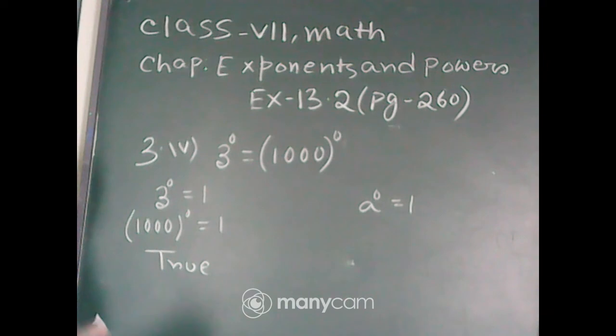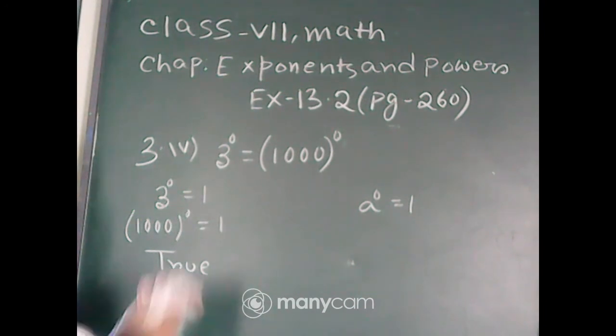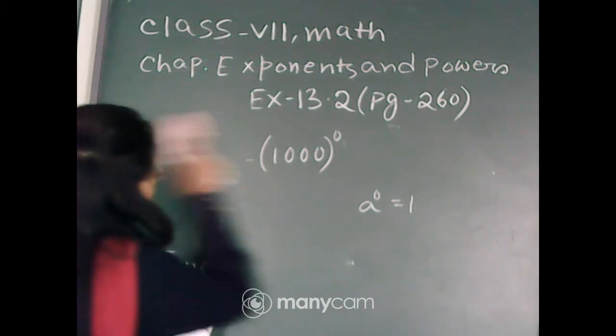Tanisha, Nandini, very good. Next, question number 4. Express each of the following as a product of prime factors only in exponential form. We have to express the following number as a product of its prime factors only in exponential form. First, question number 2 of 4.